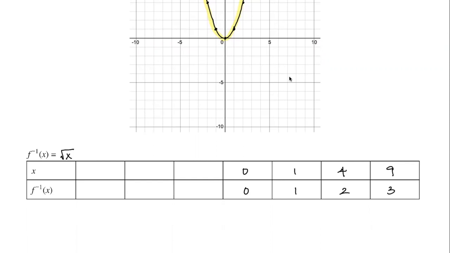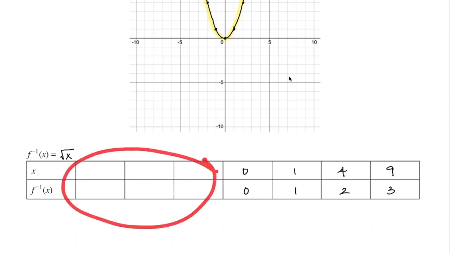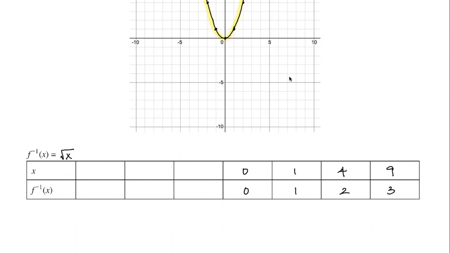Now, let's think about what happens over here though, right? What if I gave you -1? And I said, take the square root of that. Well, I'll give us a little hint. This is going to be in section 3.1, but we would actually get the number i.